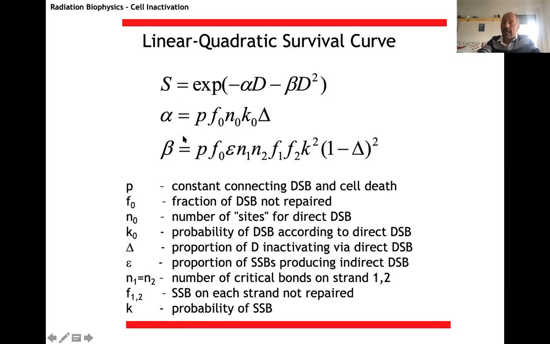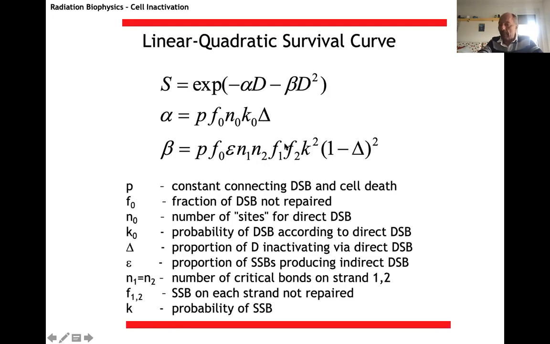But the meaning of alpha and beta is very complex and it's very molecular. You see, this is the fraction of DSB not repaired, so they include the repair now. The probability of DSB according to direct double-strand break and so on and so forth, the proportion of those inactivating via direct SSB. It's all a number of molecular parameters.